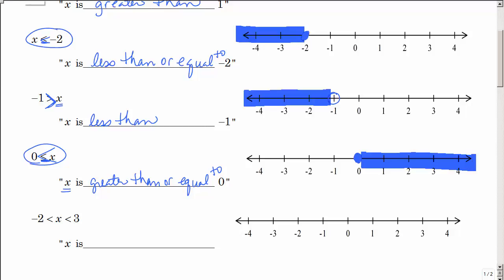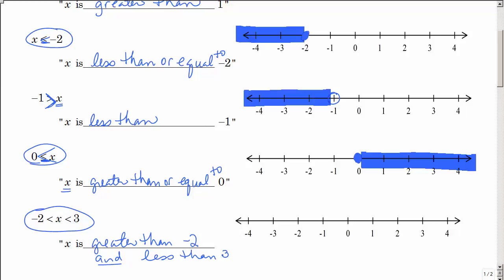Then let's look at this next example. X is sitting between two numbers, right? So you can read this a whole bunch of different ways. This really says x is greater than -2 and less than 3.